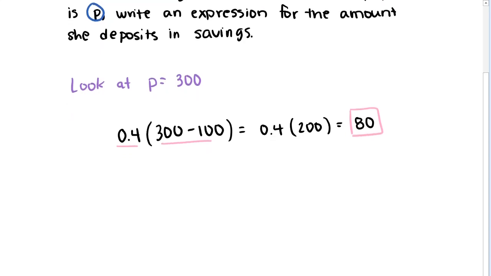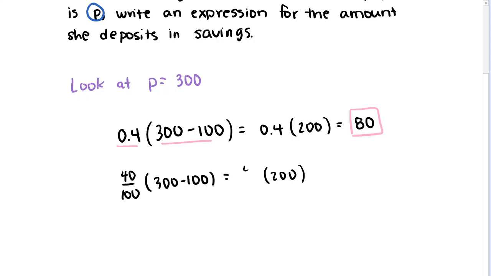Let me just quickly showcase that if we had written this out as 40 out of 100 times 300 minus 100, this would be something we could evaluate without a calculator. So first, we evaluate the parentheses, and we get 200, right? 300 minus 100, that's 200.